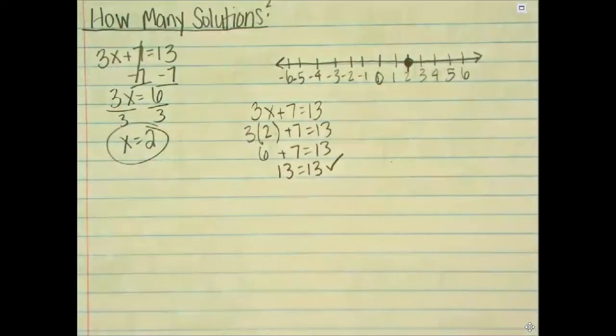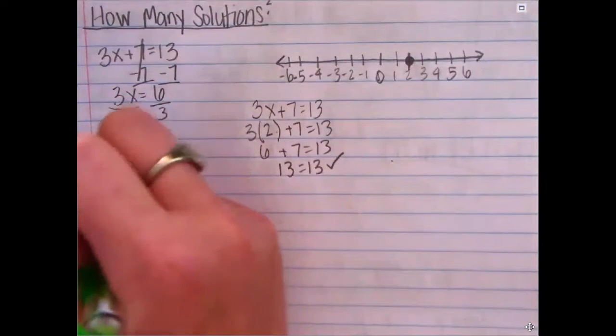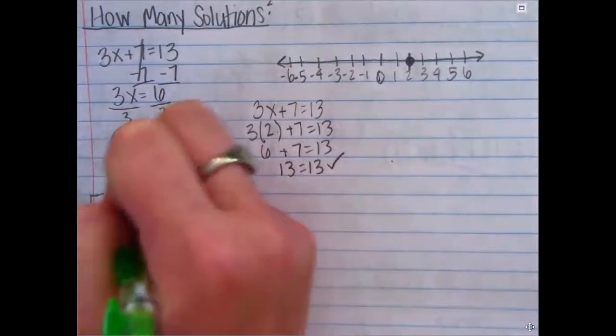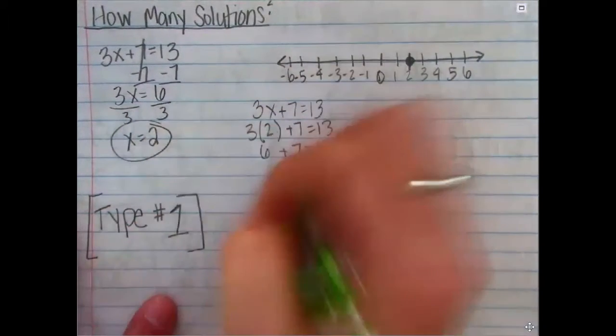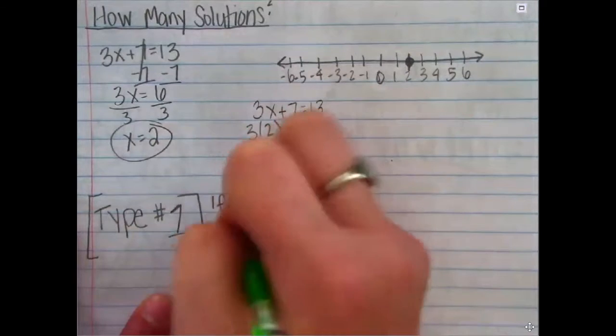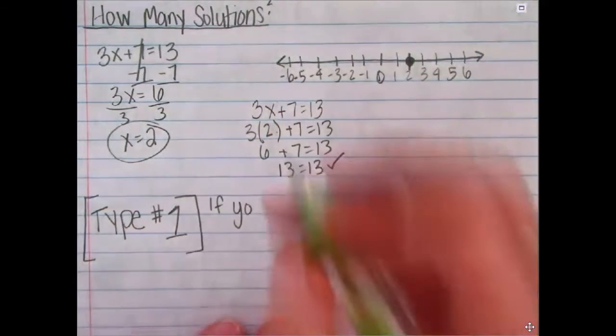So that's the very first type of solutions you can have. You can have 1. So if you can graph your solution on a number line, your equation has only one solution. So aka your variable will only be equal to one value.